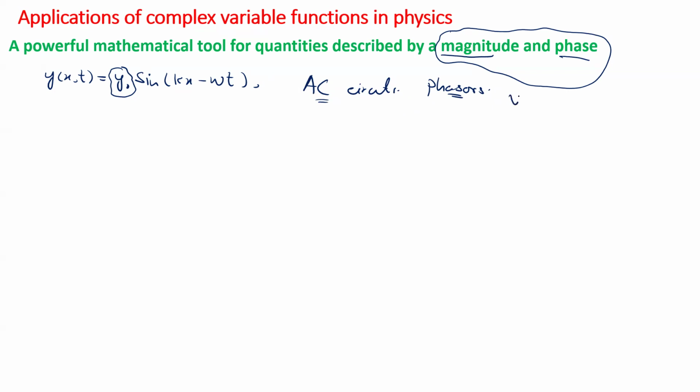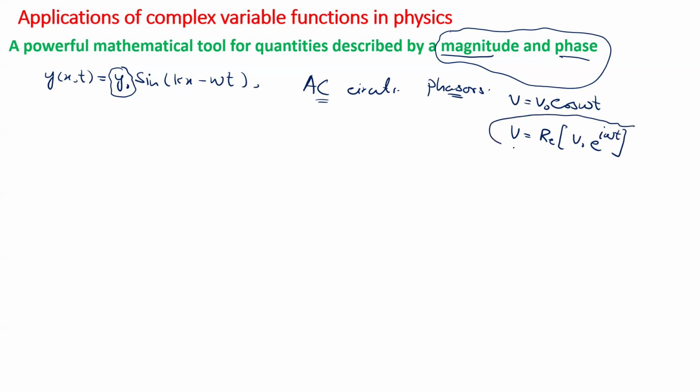For example, if we have this voltage, V equals V naught cos of omega t, we can write this as the real part of this complex number. The complex number will be, let's suppose, V naught e to the i omega t.